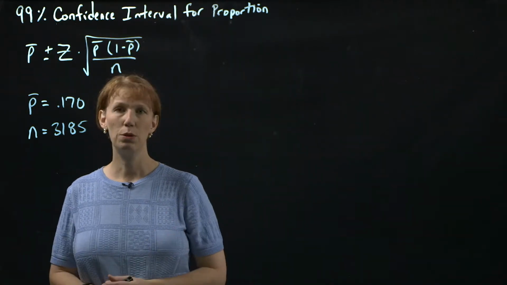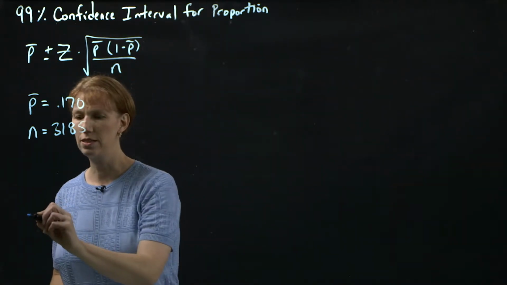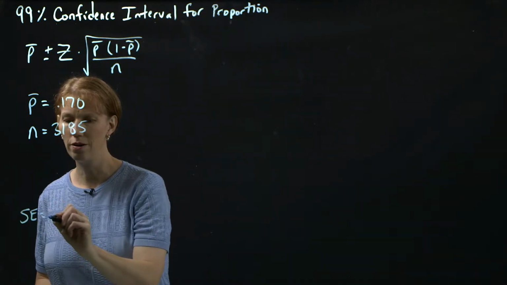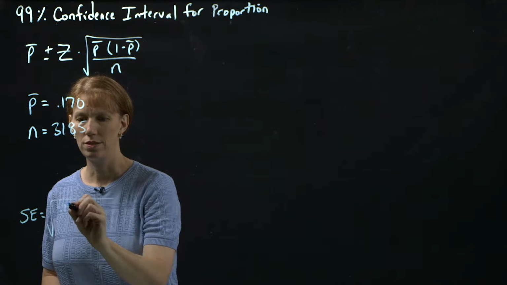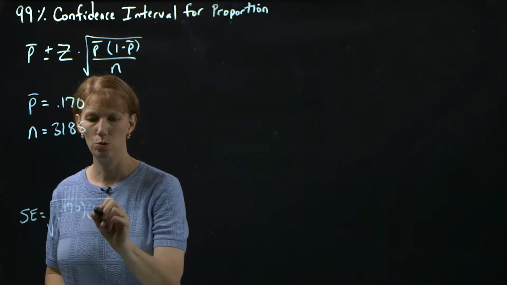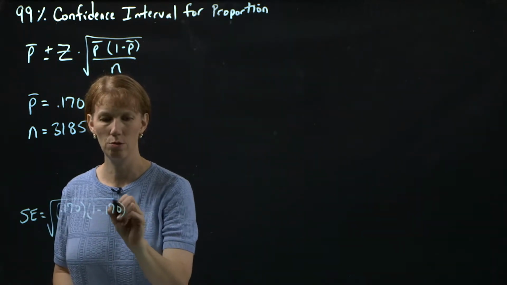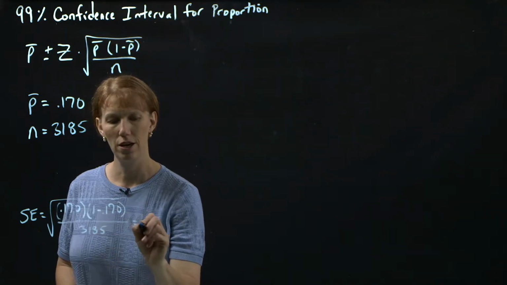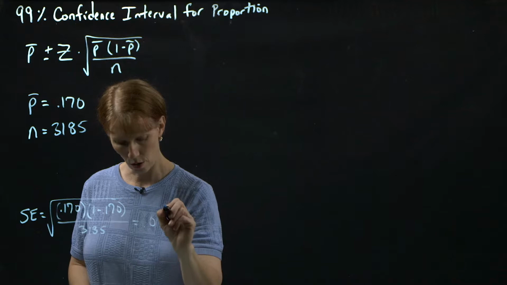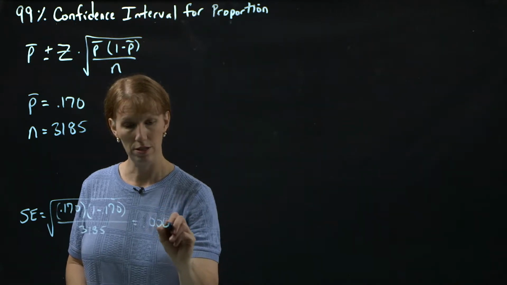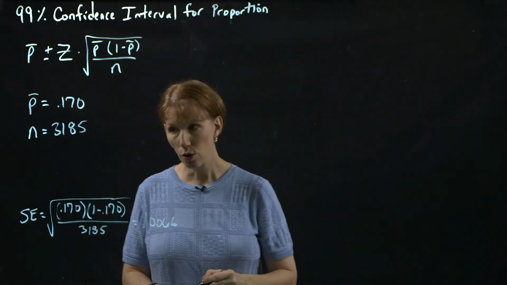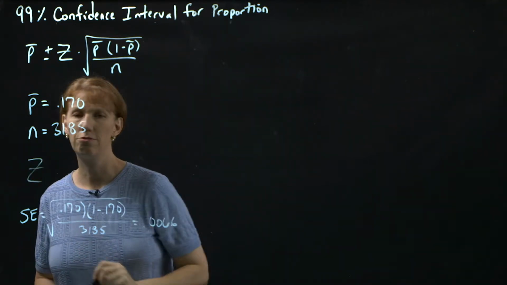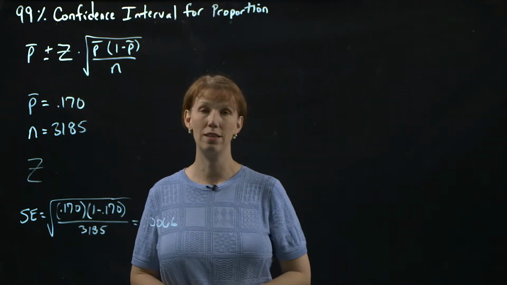We can also compute the standard error fairly easily by taking the value of P bar, 0.170, times 1 minus 0.170, divided by 3,185. And that equals 0.0066.